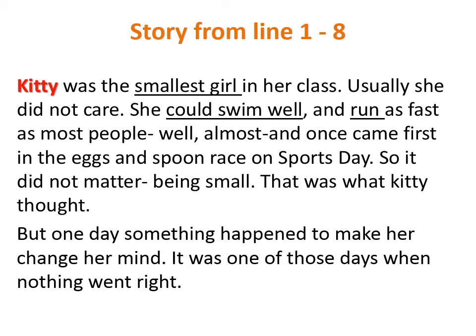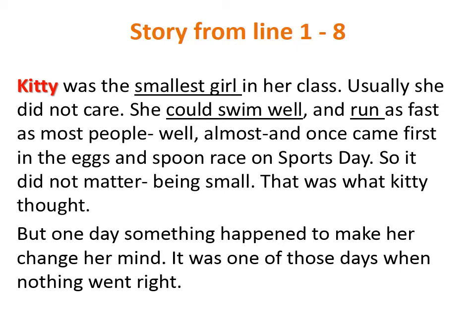So you can understand that this part of the story is about this girl Kitty. And I told you the main character in the story is Kitty. And this girl is the smallest girl in the class. Even though she is small, she can do so many things. What are the things that she can do? She can swim well, can run fast.